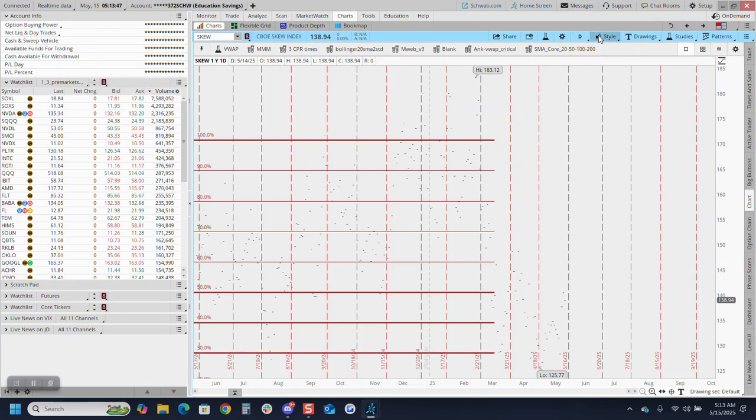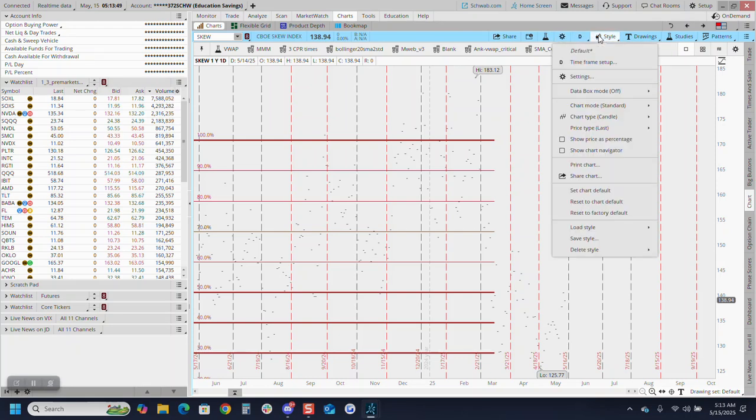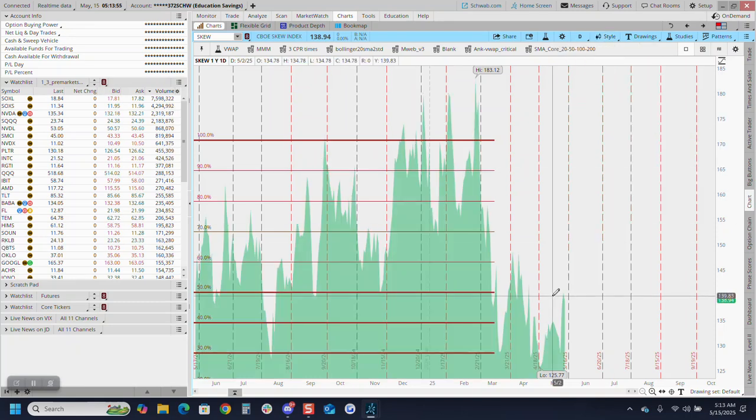Style. Let me find it here. Candle, I want to put area. It's been an area chart. And as you can see here, each day we are ticking up a little bit higher on this skew. This is the amount of out of the money puts versus out of the money calls, and we've seen investors hedging themselves at these highs. So be very mindful of that going forward.